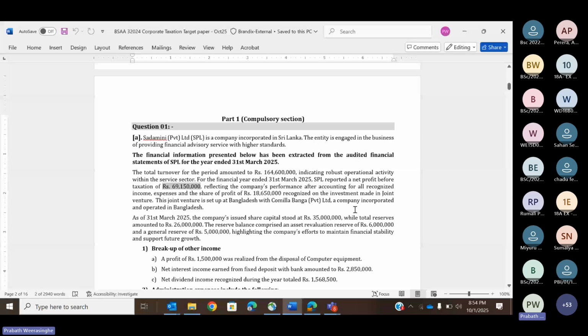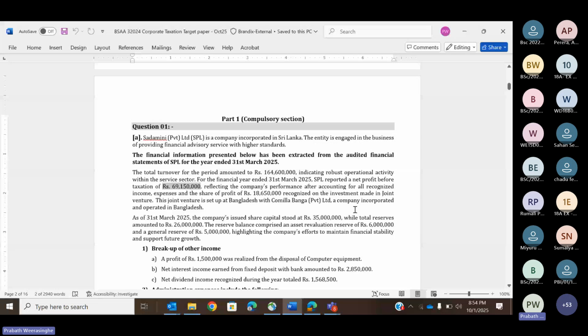Remember that part. Say we have exempt income, say foreign service income, rendering services to a person outside Sri Lanka, and earning in foreign currency remitted through bank, that is exempt from income tax for the year 24-25. Somebody is doing that type of activity, so that income is exempt.